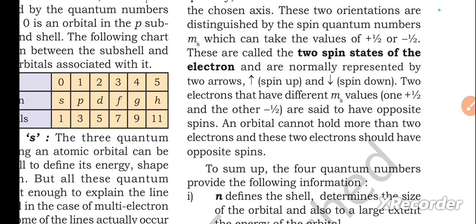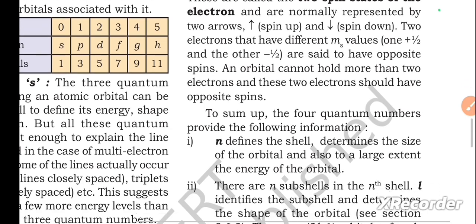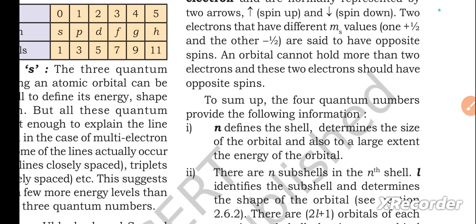These are called the two spin states of the electron and are normally represented by the arrows spin up and spin down. Two electrons that have different ms values, one plus 1/2 and the other minus 1/2, are said to have opposite spins. An orbital cannot hold more than 2 electrons, and these 2 electrons should have opposite spins.